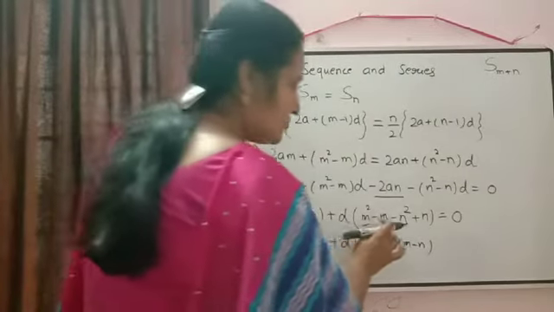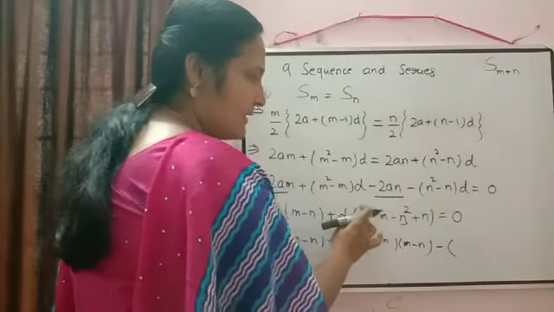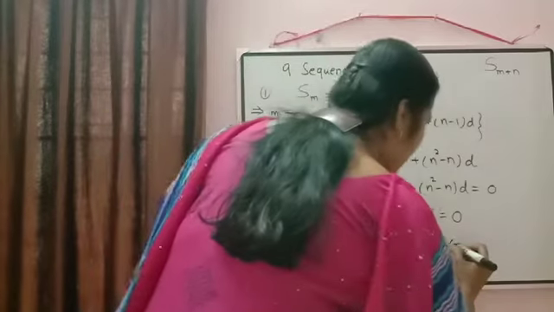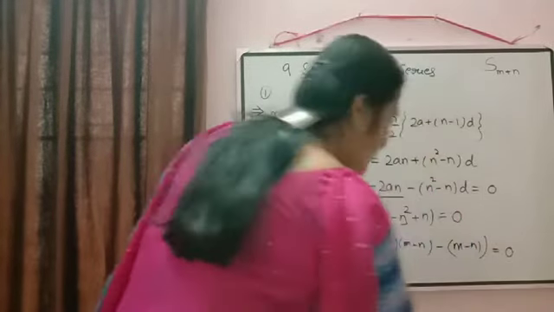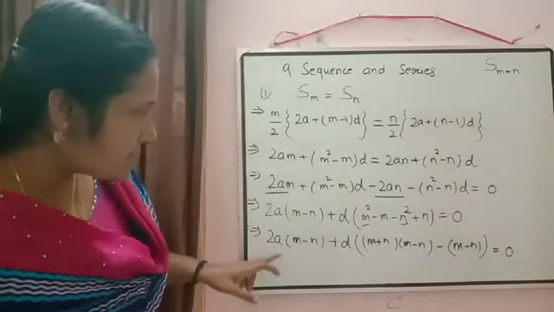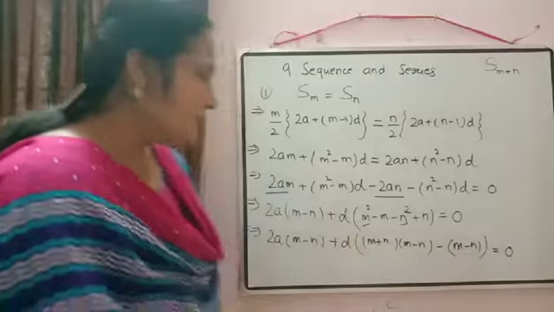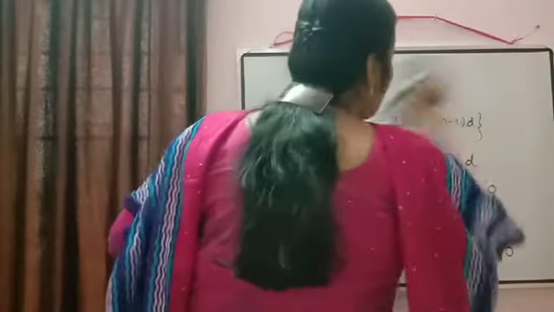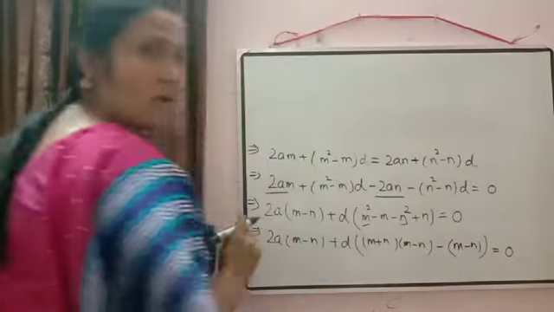Now from these two terms I am taking the negative sign common. So when we take a negative sign outside, the sign will change. Negative will become positive and positive will become negative, equal to 0. Now this is our first term, second term and third term. So in all the terms, do we have any common factor? Yes, we have m minus n as a common factor.